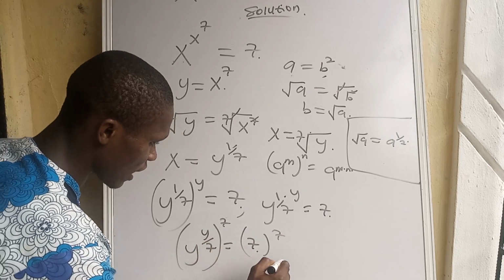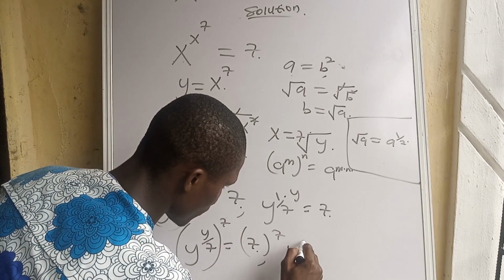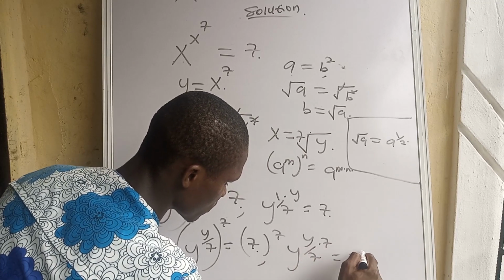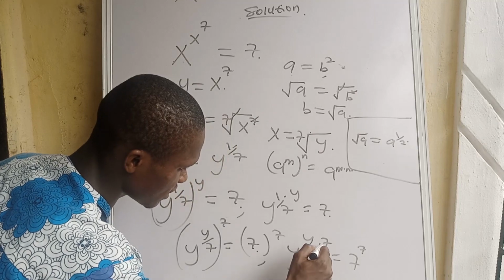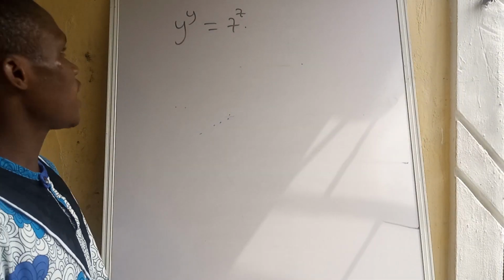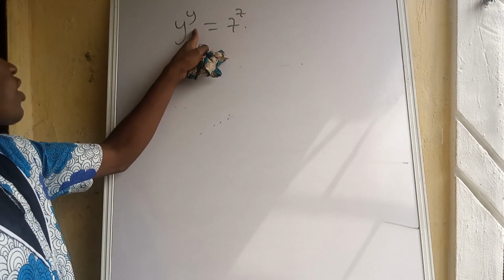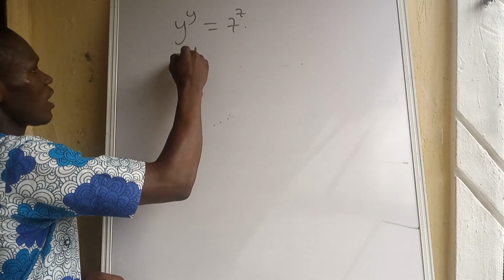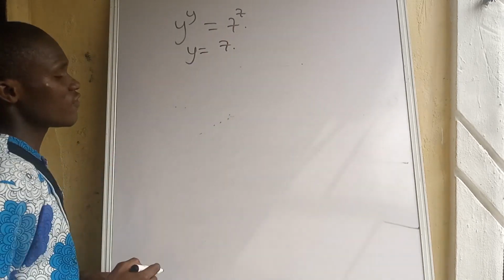Doing that, we are now having y to the power of y over 7 times 7 is equal to 7 to the power of 7. So this and this will cancel off. Since we are now having y to the power of y is equal to 7 to the power of 7, by comparison, our y is equal to 7.